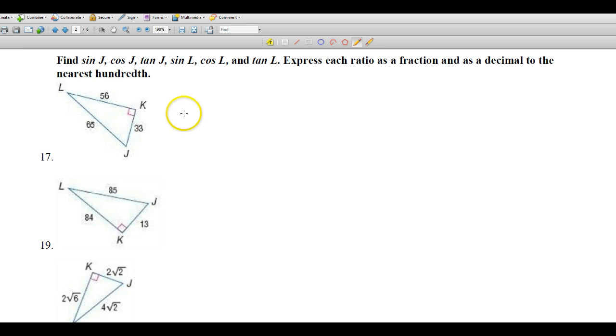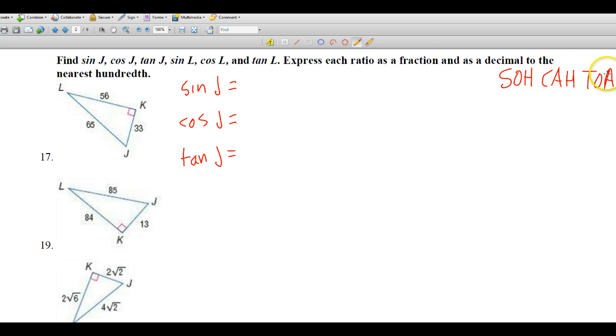For number 17, we want to find the sine, cosine, and tangent of J, as well as the sine, cosine, and tangent of L. Express each ratio as a fraction and as a decimal to the nearest hundredth. So we'll start with finding the sine, cosine, and tangent of J. Refer to SOHCAHTOA.